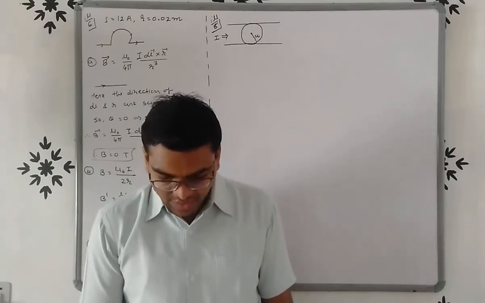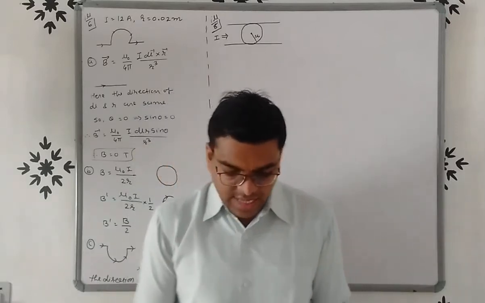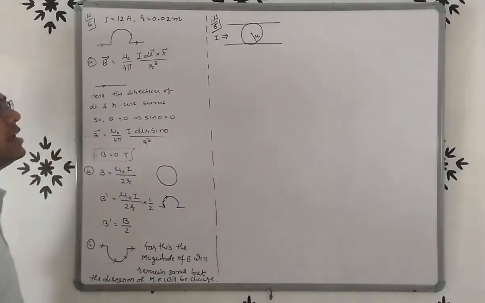Calculate the magnetic field in the regions r less than A and r greater than A.